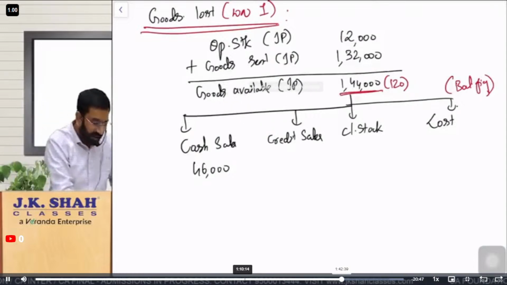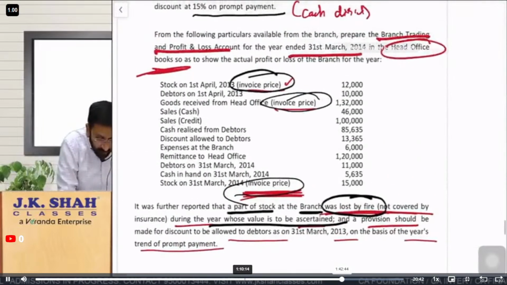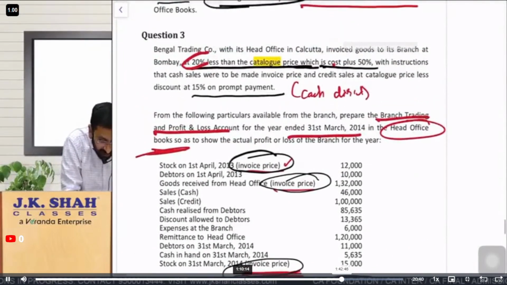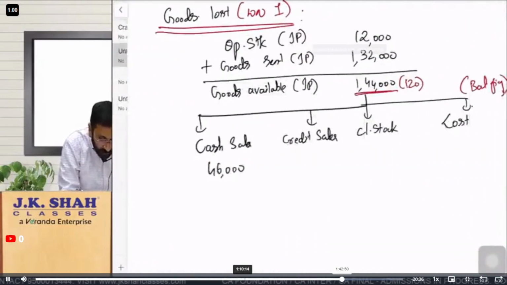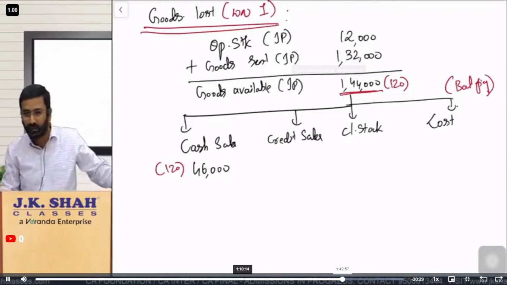Read that question and tell me. Cash sales are made at invoice price. Do you find that? So can I say this 46,000 also represents 120 value. Cash sales are at IP, 120.